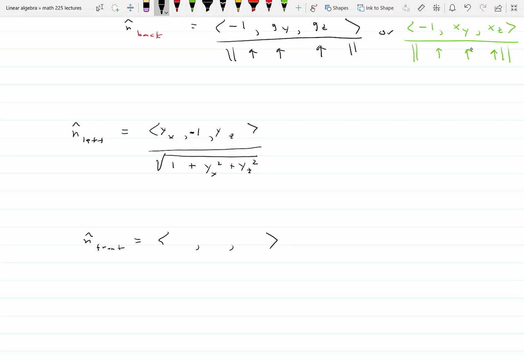So if I want a unit normal direction vector in the front direction, the first component should be 1. Back direction, first component will be negative 1. That means the other components will be negative. The other components are the y components, so with respect to y, and the z components, so with respect to z. Front and back, my function is x is a function of y and z. And then divide by the length of that vector.